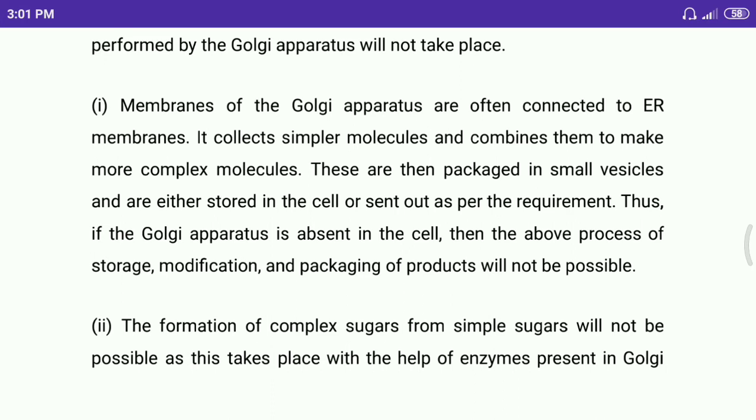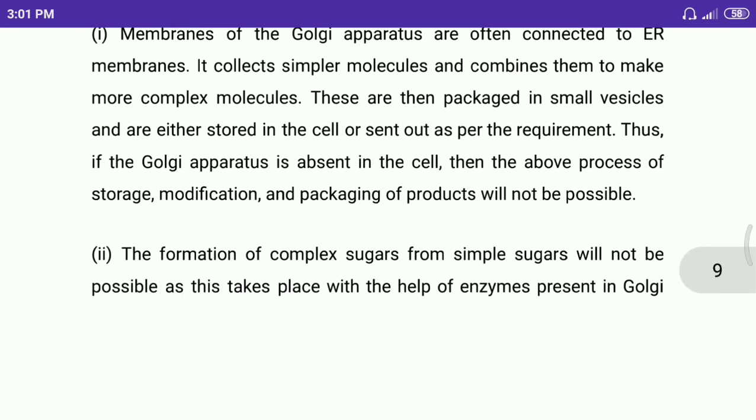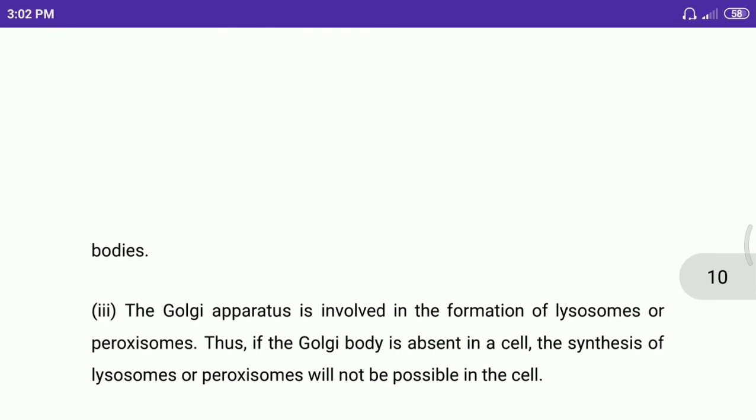Thus, if the Golgi apparatus is absent in the cell, then the process of storage, modification, and packaging of products will not be possible. Second, the formation of complex sugars from simple sugars will not be possible, as this takes place with the help of enzymes present in the Golgi body.